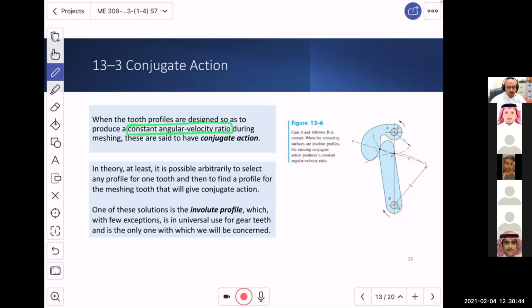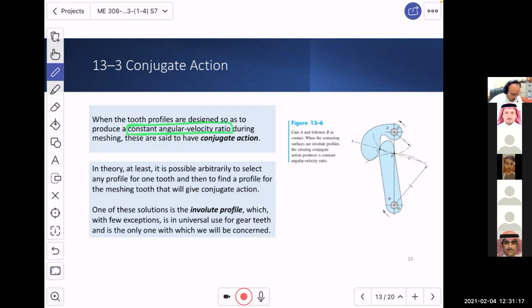You see that? So what is our target? Our target is that the gears, while they are mating together, will always operate under a constant angular velocity ratio. This is not going to sink in your head easily. I may sound repetitive and boring, but I have to sink it in little by little.